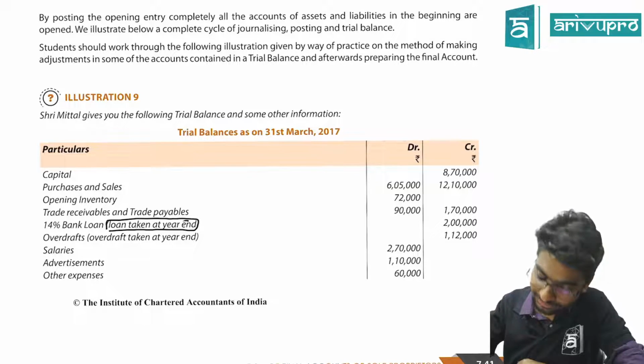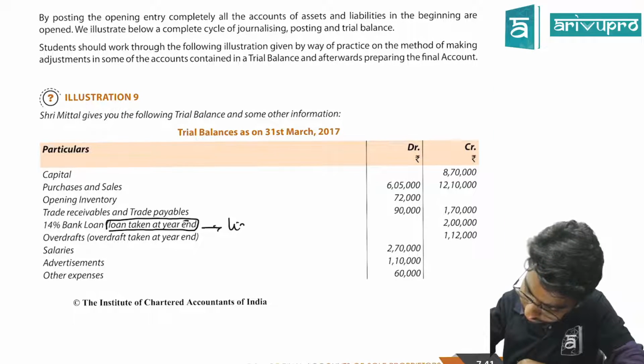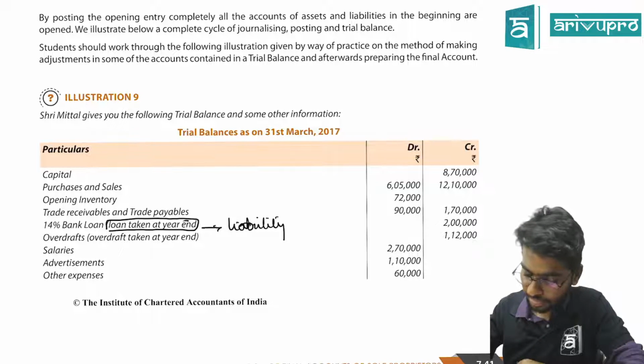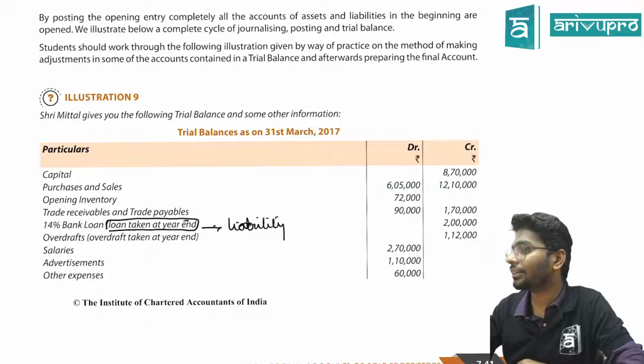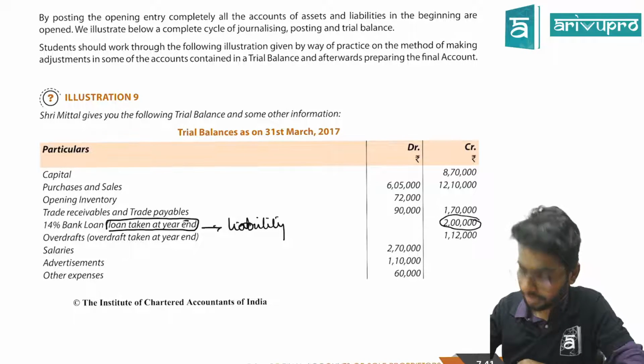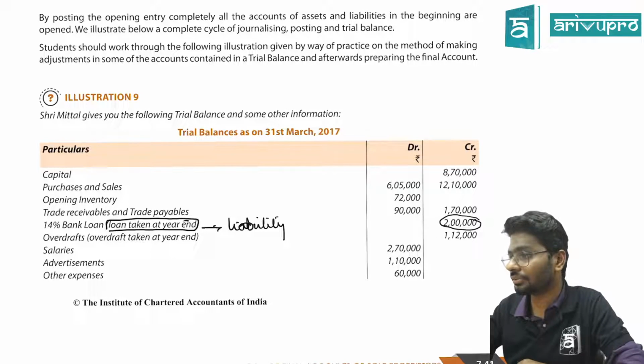Loan is a liability. How much? 2 lakh. Write it on the liability side. Done.